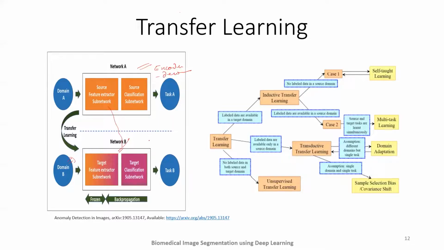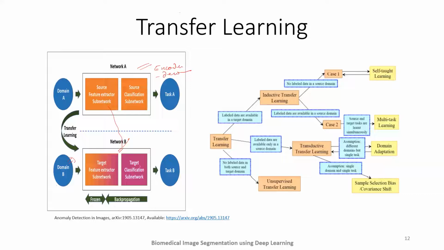So this is one of the applications even in biomedical image segmentation, where the low resource data sets are very, very small. From another domain A, which may not be exactly the same as B but may have some kind of similarity, we can develop a model, an encoder-decoder architecture in this case, and then transfer the parameters we learned here to the new domain, and only update the parameters of the decoder here.